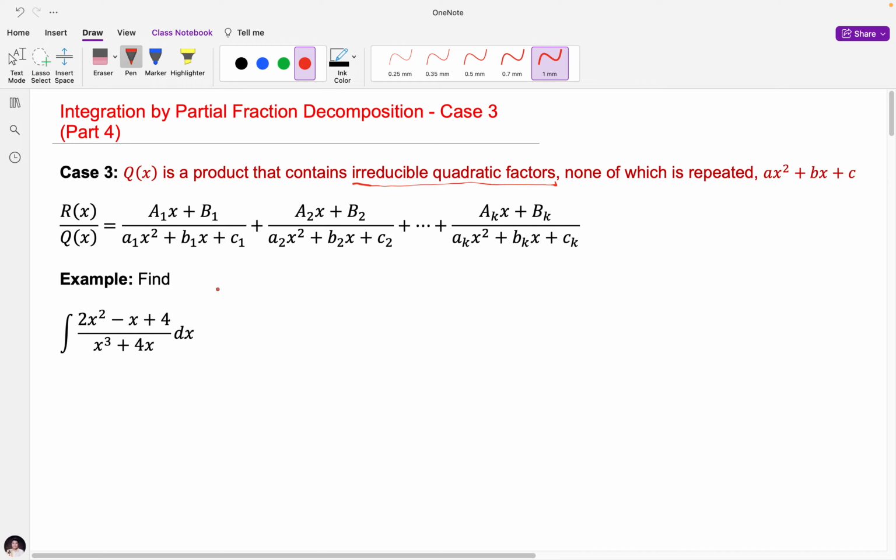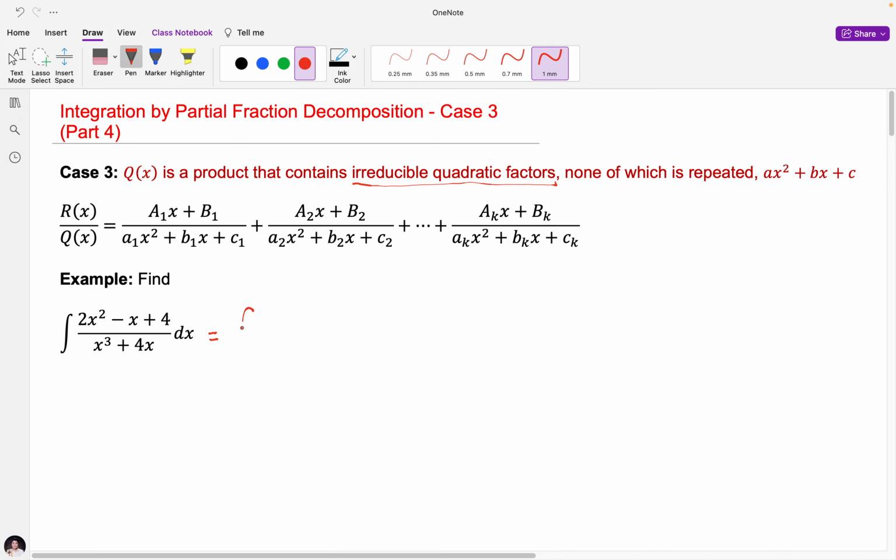Okay, so in this case, we have an example here, finding the integral of 2x squared minus x plus 4 all over x cubed plus 4x. First, let us check if this one can be factored. So let's look. In this denominator, it is obvious that x is a factor.